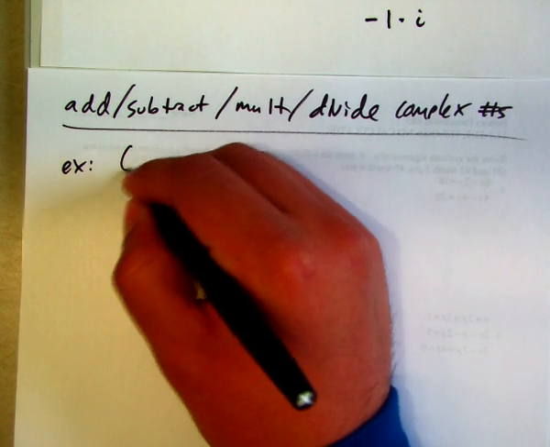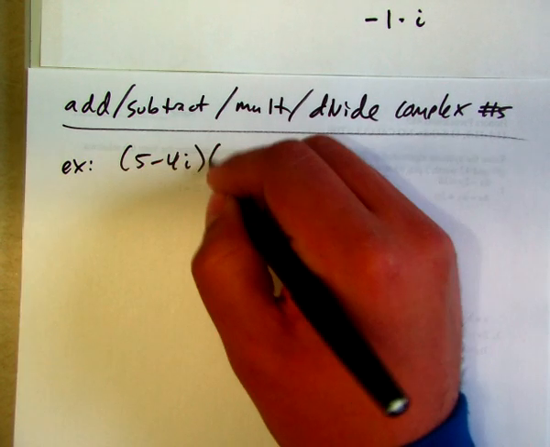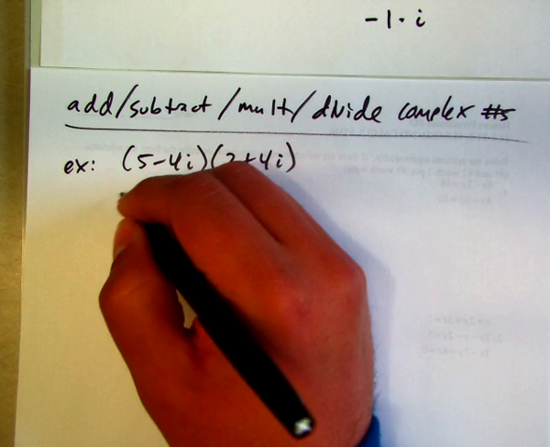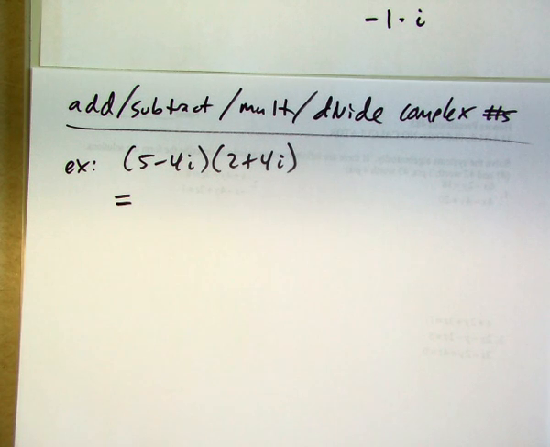Let's say you have 5 minus 4i times 2 plus 4i. My advice is to do what you think you should do, and then if you see any i squareds, use the definition, which is -1, to figure it out.